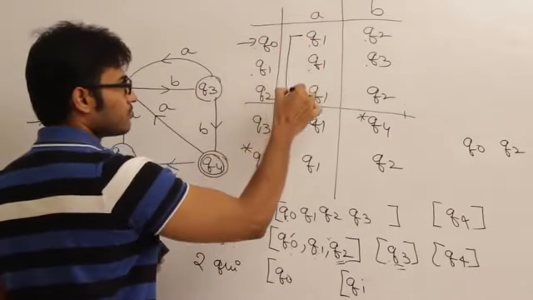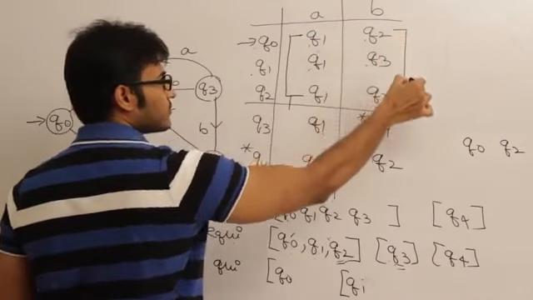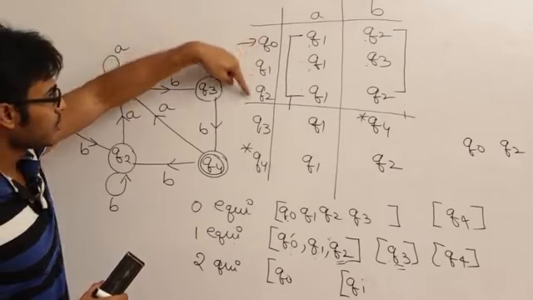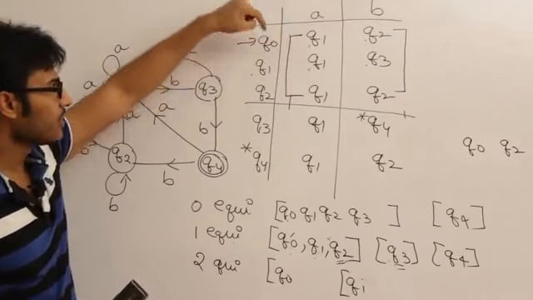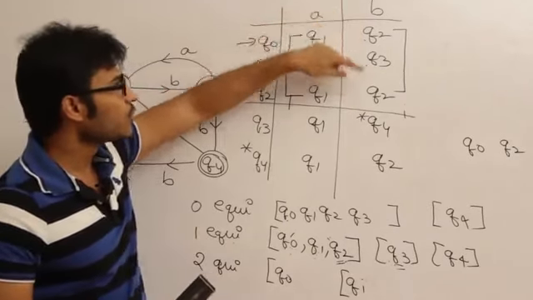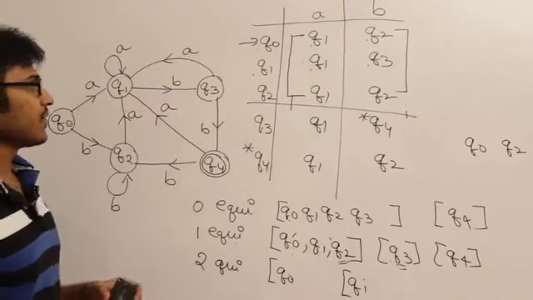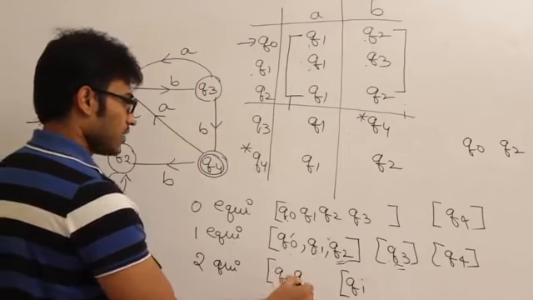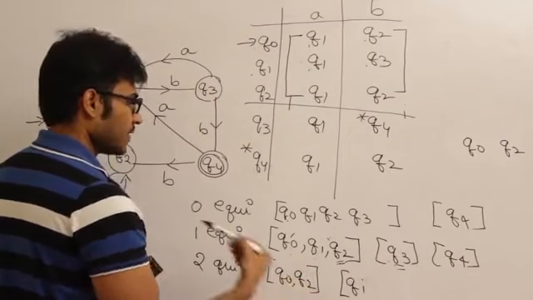Q0 and Q2, these two. On A, both are going to Q1, and on B, both are going to Q2. They are going to the same states, therefore definitely they are equivalent. So Q0 and Q2 are definitely equivalent.